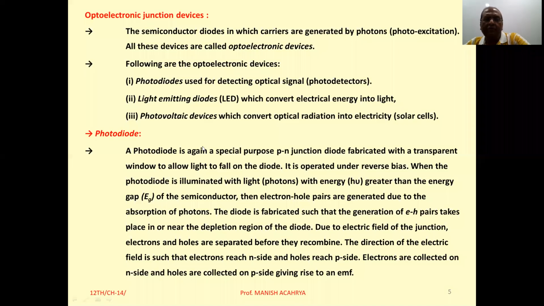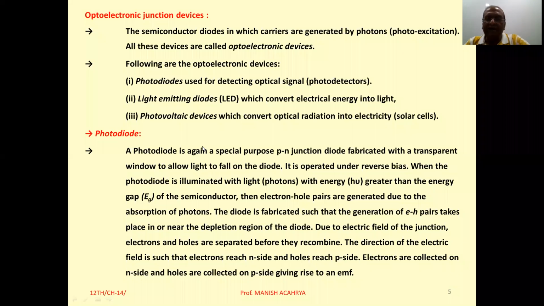One is photodiodes, used for detecting optical signals. Photodiodes convert light energy, or we can say photon energy, into electrical energy. Then light emitting diodes, in short called LED, which convert electrical energy into light energy.